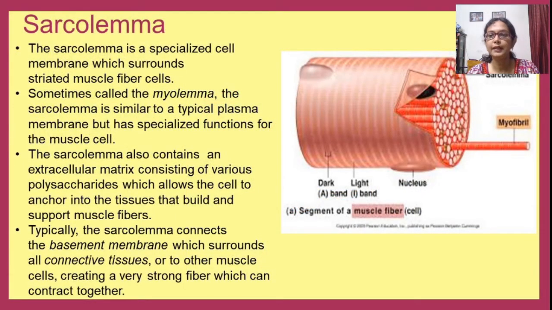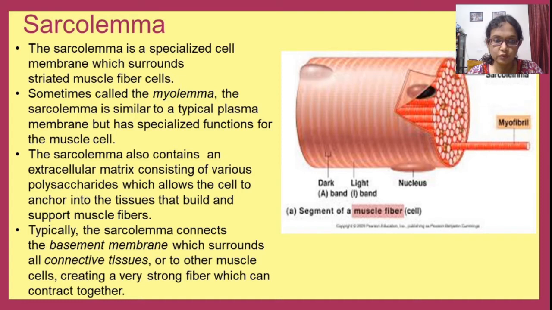And here is the layer of the muscle cells. Here you can see a layer that is known as sarcolemma. Basically that is the plasma membrane. And here sarco means flesh, derived from a Greek word meaning flesh, and lemma obviously means the covering, or sometimes it is called myolemma also.